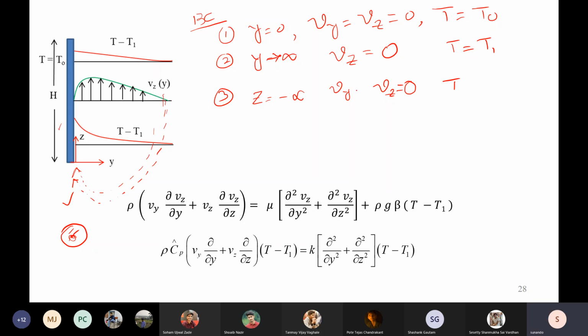On a similar logic, Vy at that point will also be equal to 0. So that's straightforward. There obviously could be no Vy at that point, and it's just still air where there is no effect of temperature variation or temperature-induced density variation, and thereby no buoyancy-driven flow. And this T would obviously be equal to T1.